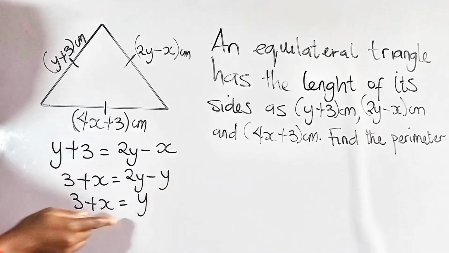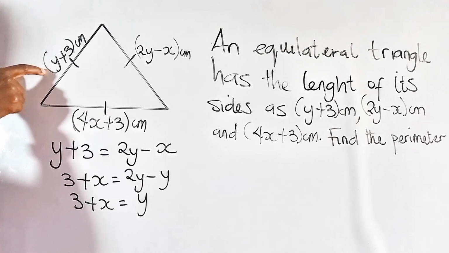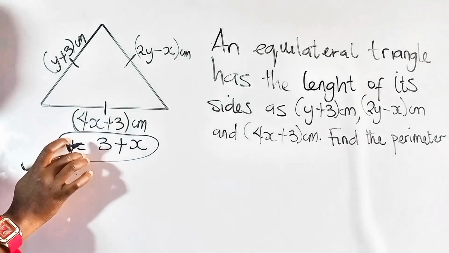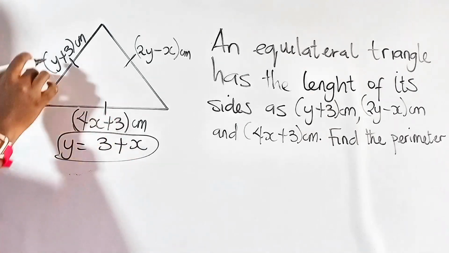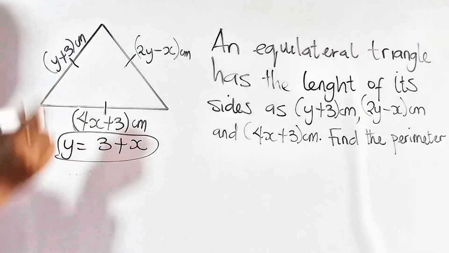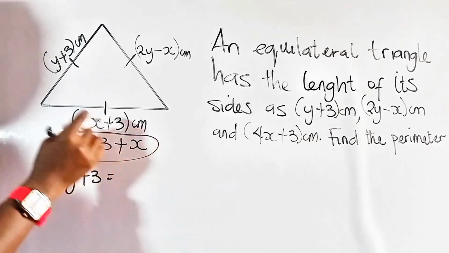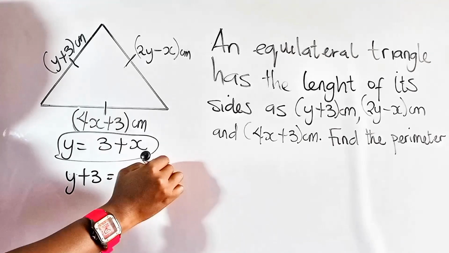Now that we have the value for y, let's substitute it in this expression with y. If we substitute in 3 plus x for y, and this length, we have y plus 3 equals, let's equate it to this length here, 4x plus 3, right?